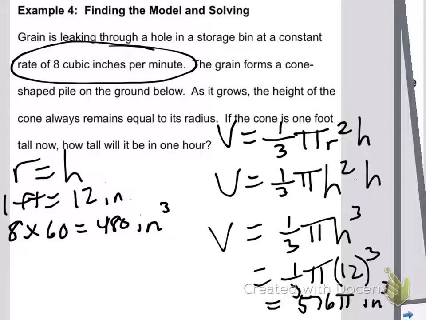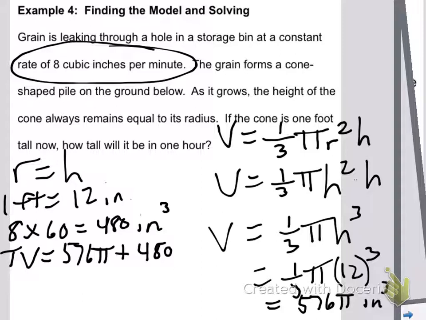Okay? Now, the total volume, TV, will be 576 pi, which is what it was to start, plus you've got to add 480 because now it's an hour later.